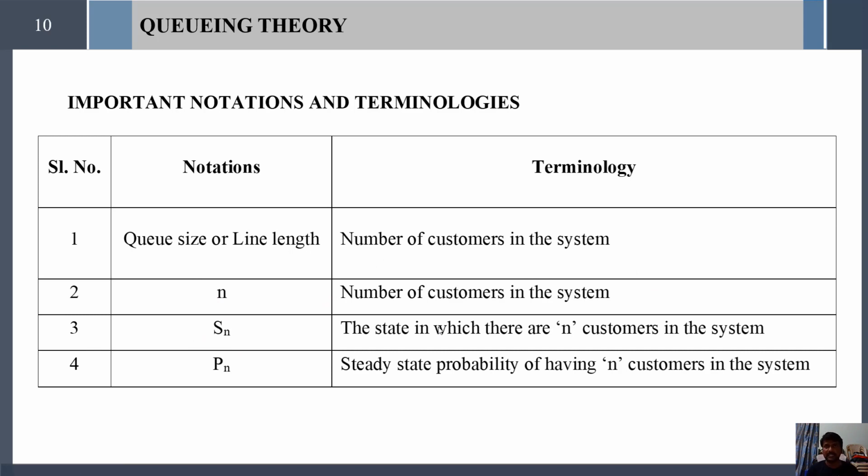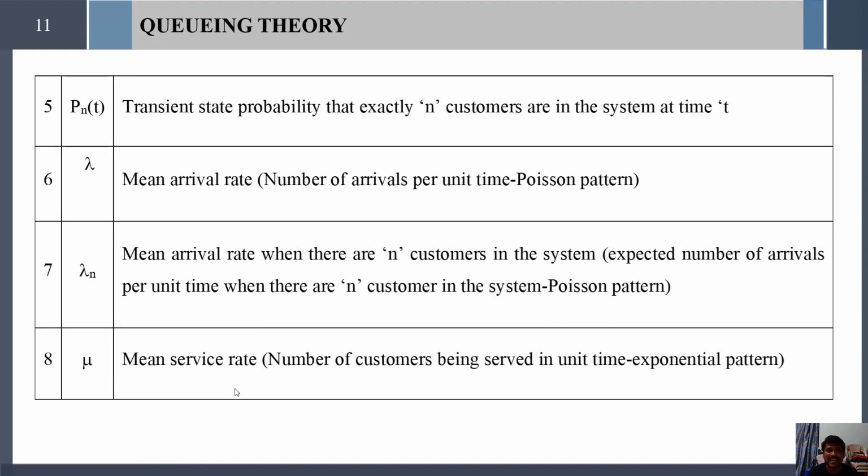Next, Pn is the steady state probability of having N customers in the system. Note this point. And Pn of t is the transient state probability that exactly n customers are in the system with respect to time t.